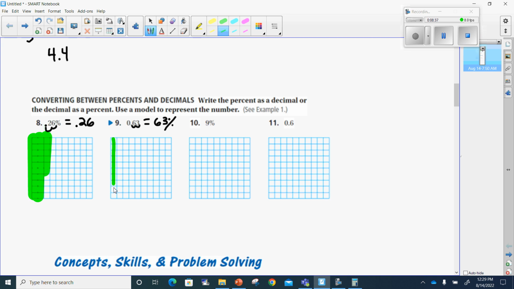So I'd shade in 6 rows, and then I would do 3 more. And that leaves me 63 out of 100.